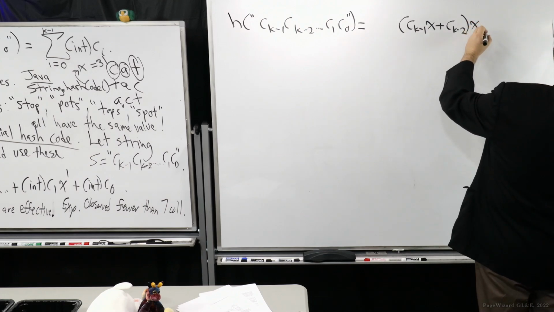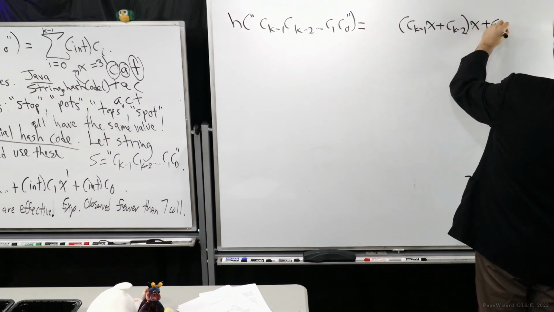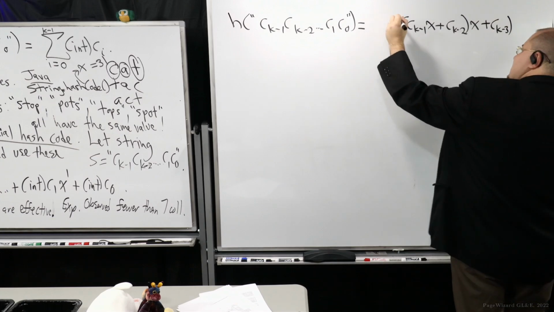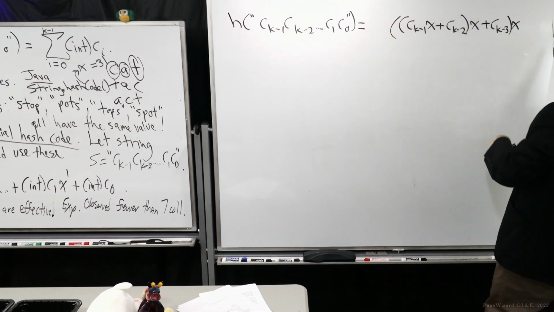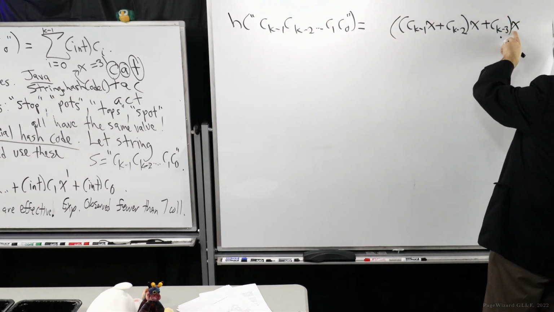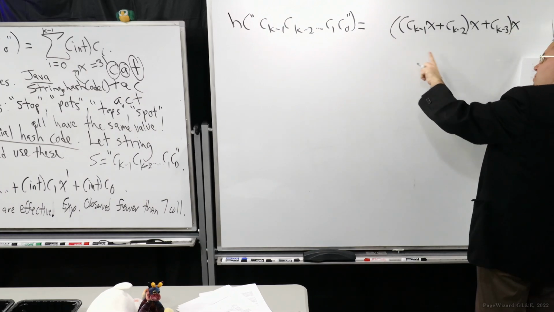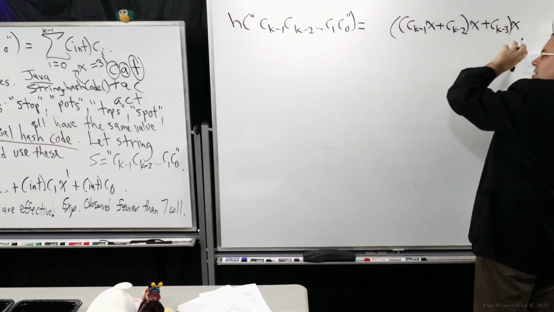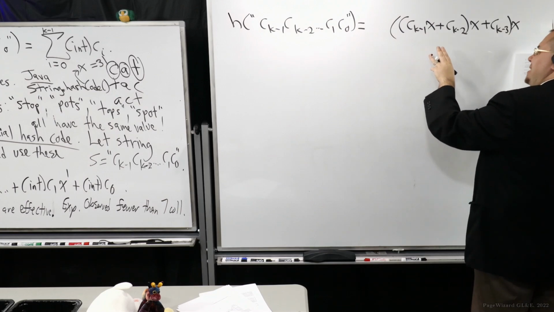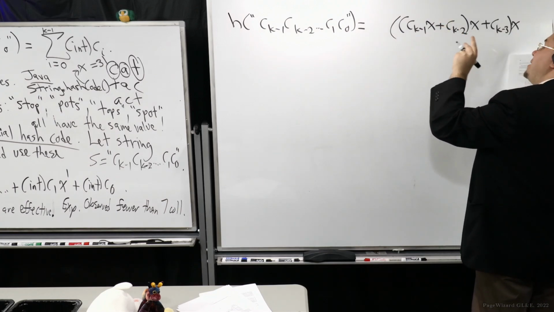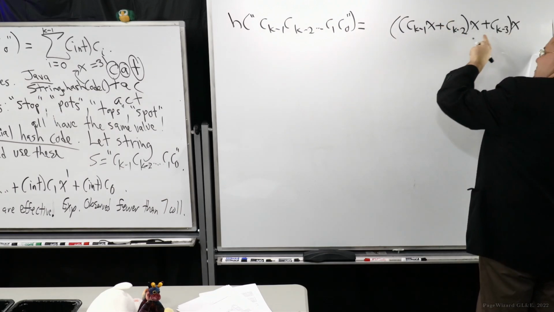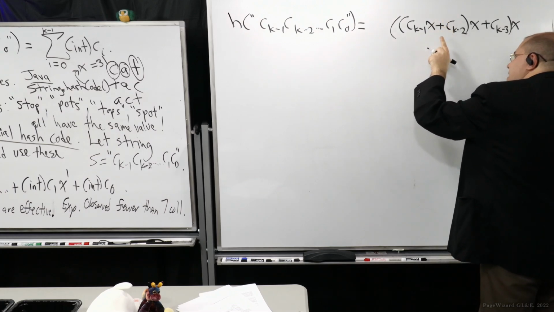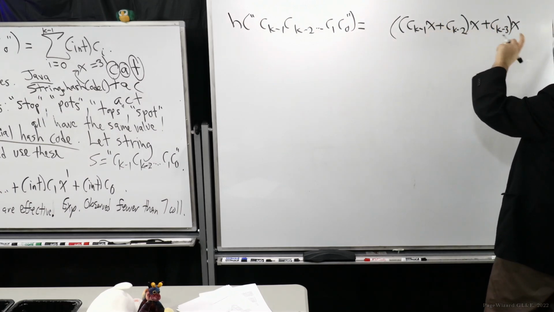So notice that I can then take the next term here, c_{k-3}. I can multiply this by x. Notice that multiplying by x to the result of this, because this is going to distribute appropriately, will bump up what would have been the result here if you carry this through. To bump up this x by 1 again, it'll bump that x up by another 1.